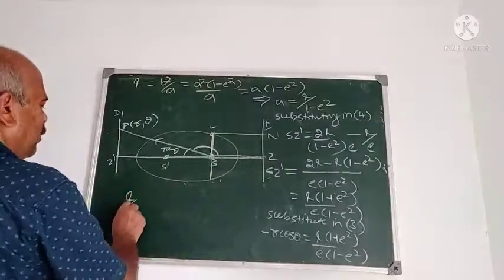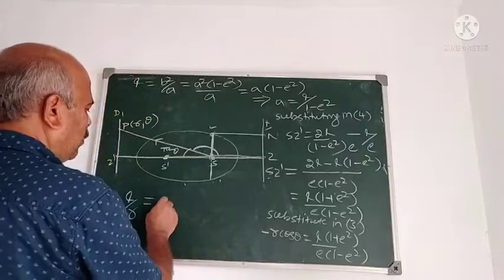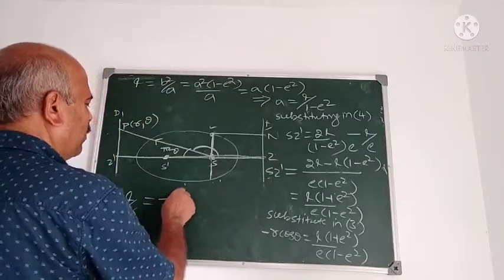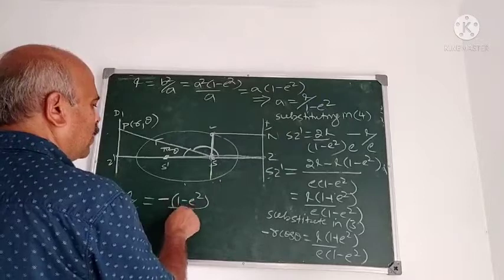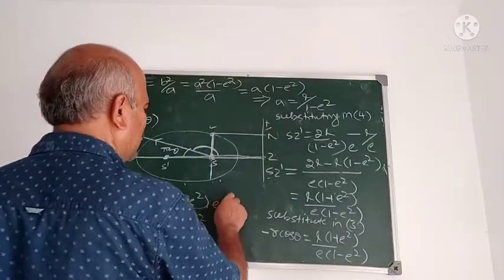Therefore, l by r is minus 1 minus e square upon 1 plus e square into e cos theta.